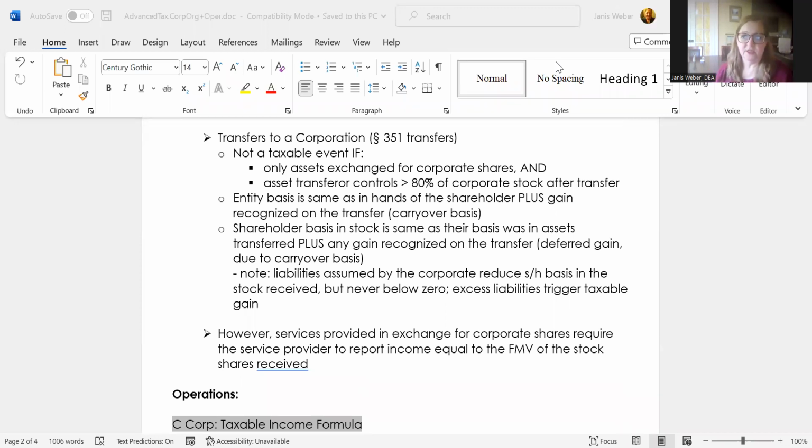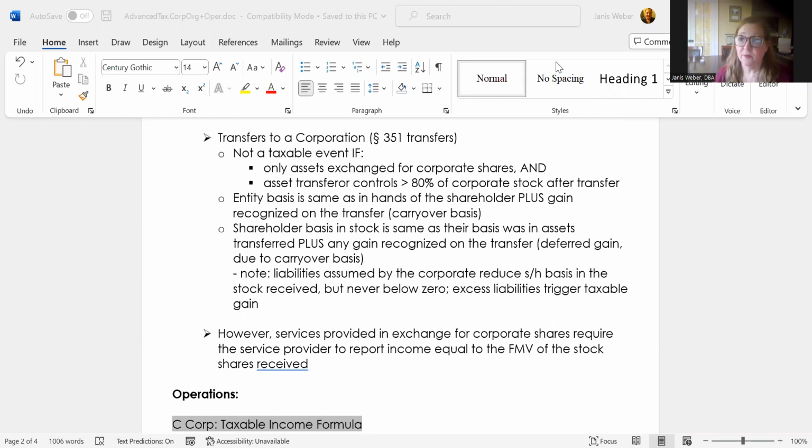So the thing to do, if you want the 351 transfer without the taxability, is to make sure that only 20% or less of the shares that are being transferred are relating to services.